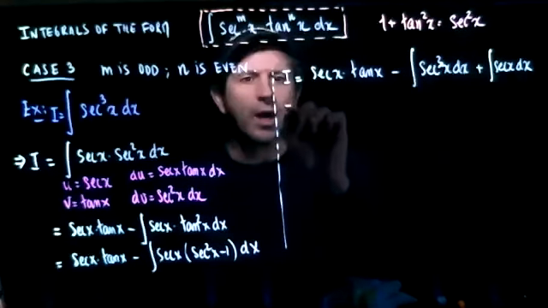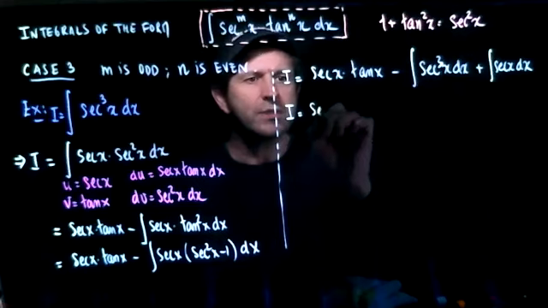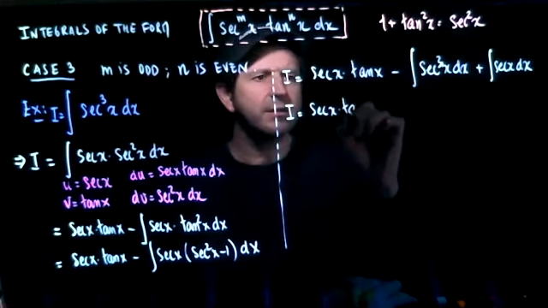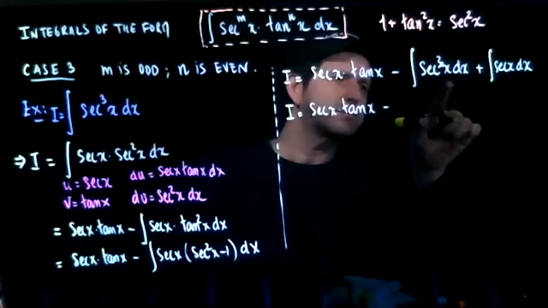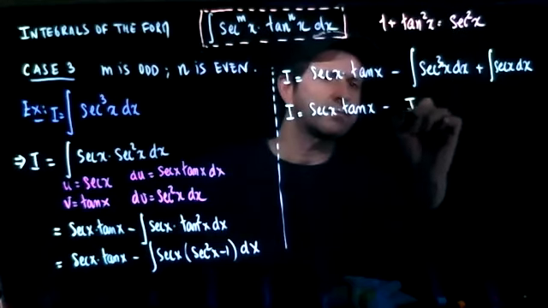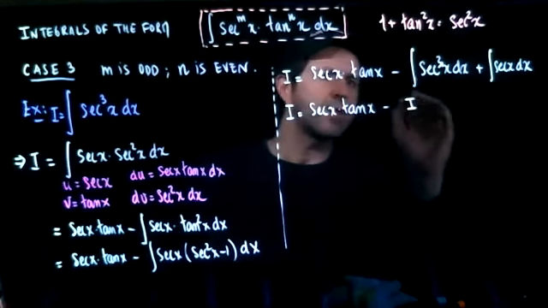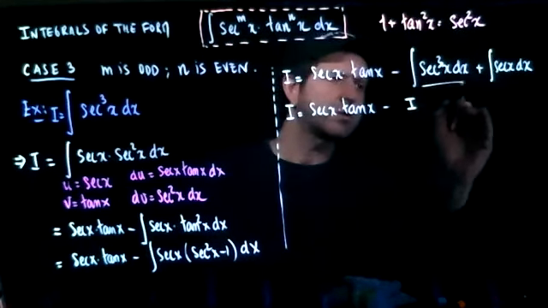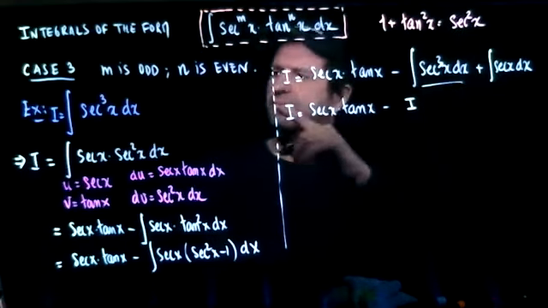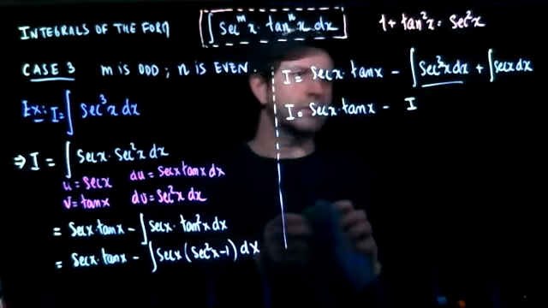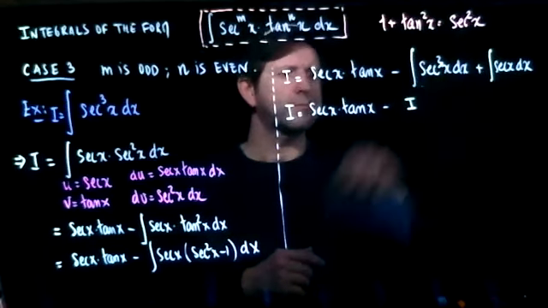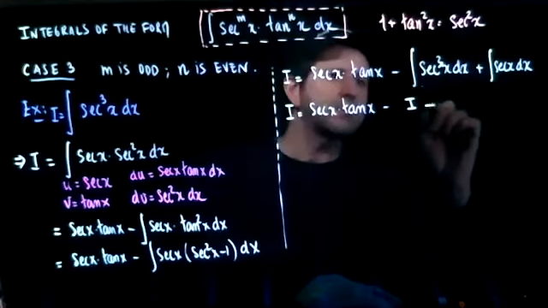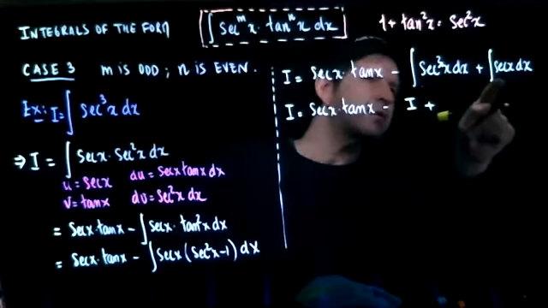All right, so I is equal to secant x tangent x minus, well, this is I also. The integral of secant cubed is I. So I could write it I. And plus the integral of secant, you remember that one?